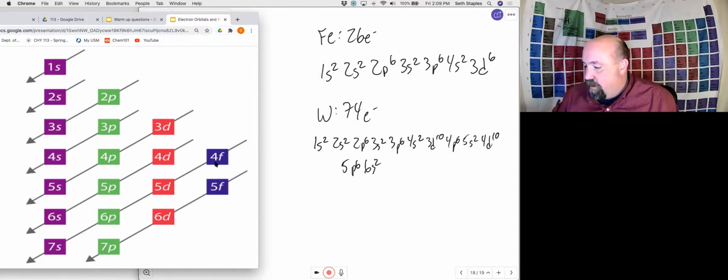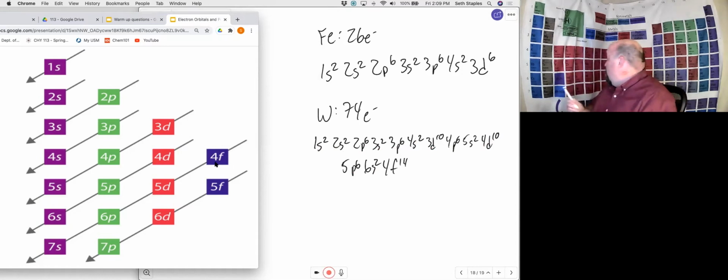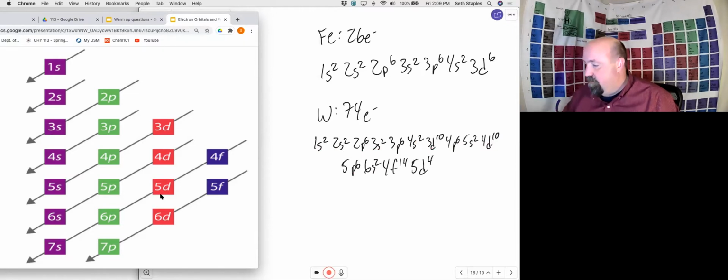So I'm going to do 4f. 14 electrons into 4f. I have 4 more to go. And so those 4 are going to now go into 5d. 4. Whew. Complicated, but you can follow the pathway. Just follow this path and you're going to get there.